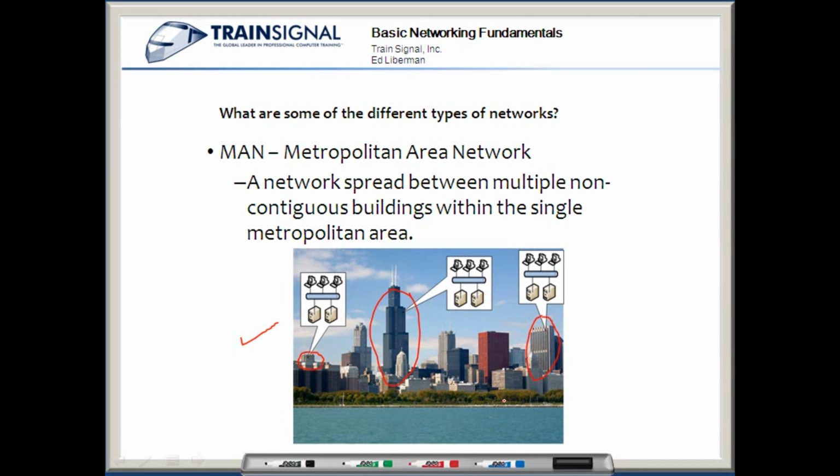Right? We would use something called a modem, and we would actually dial from one office to the other. Well, back in those days, we had to worry about local calling versus long distance calling. And so very often the metropolitan area network would be a network contained within a local calling area. But anyway, however you want to look at it, this is a metropolitan area network.